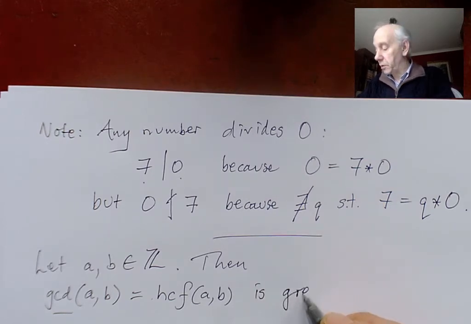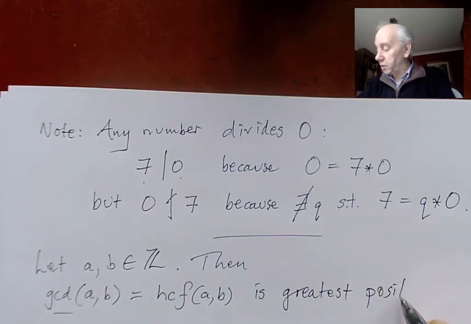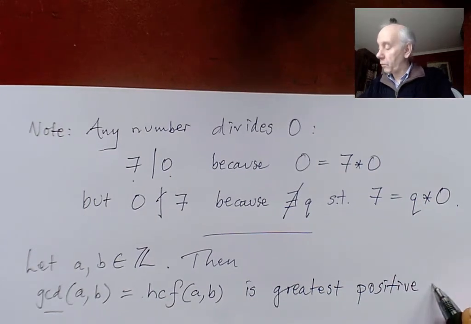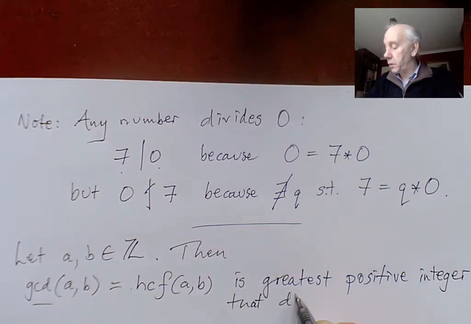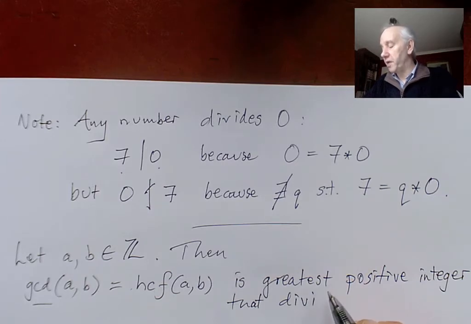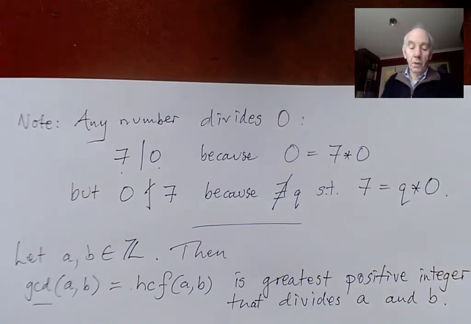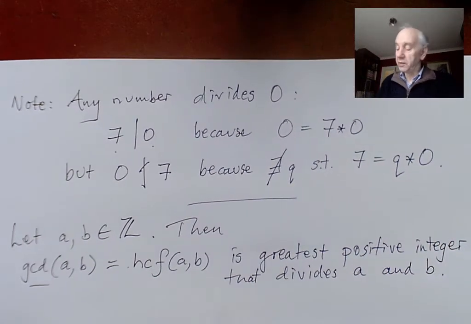Greatest positive integer. We'll always use positive integer, whole number, that divides both A and B. That divides, is a factor of, means that divides A and B. So again, a simple example.